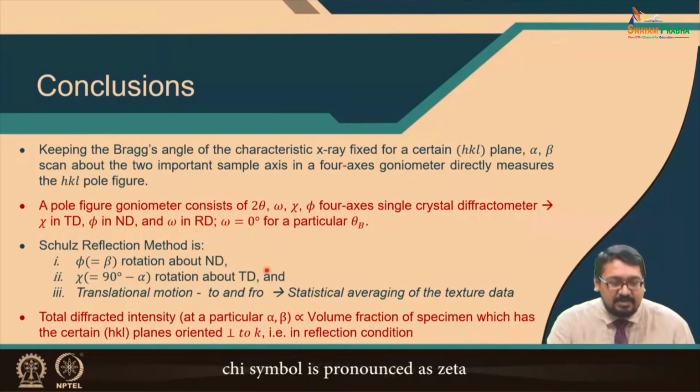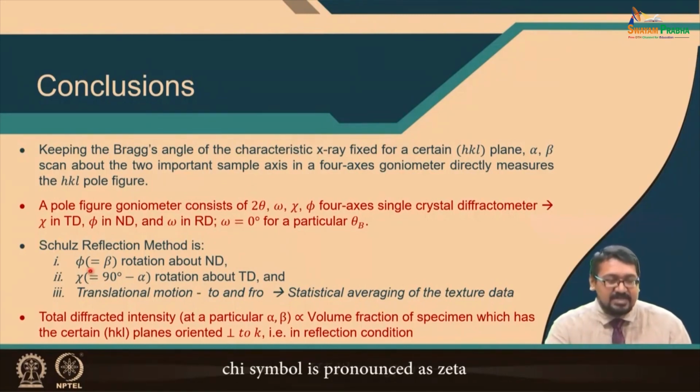Now the pole figure goniometer consists of 4 axes, as I said: 2 theta, omega, zeta and phi. In this 4 axis diffractometer, zeta is rotated about TD, phi along ND, omega along RD, and omega is rotated along RD to bring theta to the theta B condition for that particular HKL, and then omega is made equal to 0.